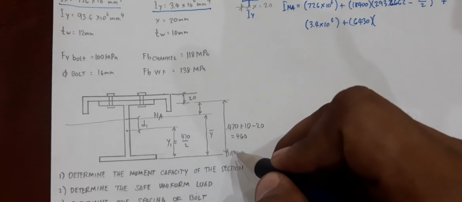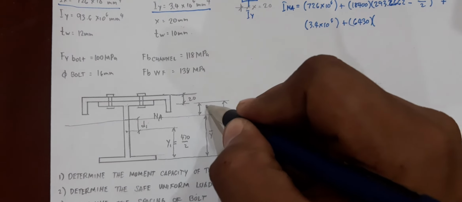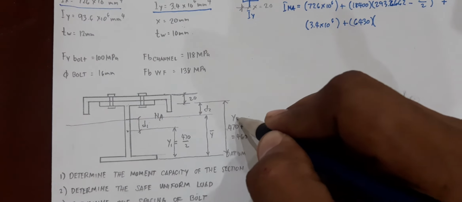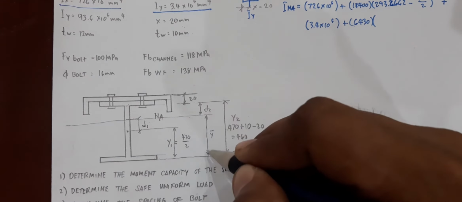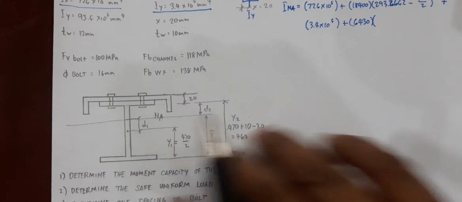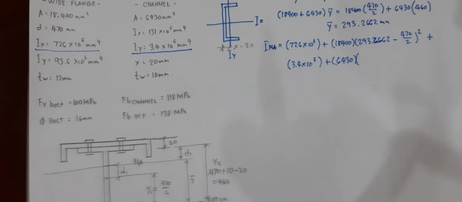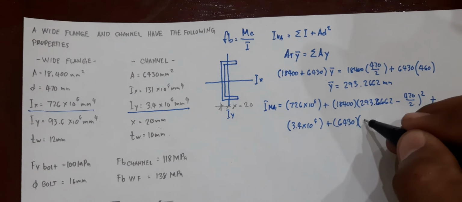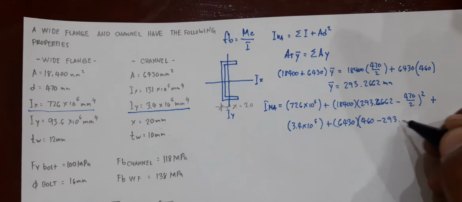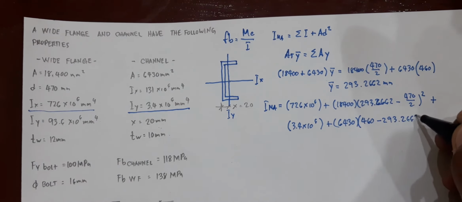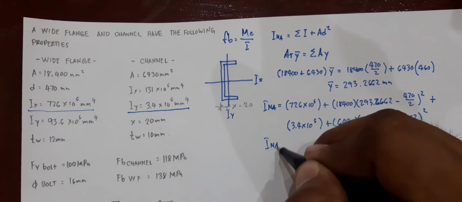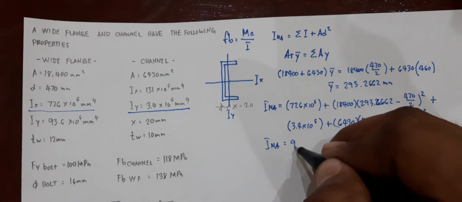D2 would be equal to Y2, I forgot to denote this one by Y2, Y2 less barred Y, or that would be 460 less 293.2662, squared.